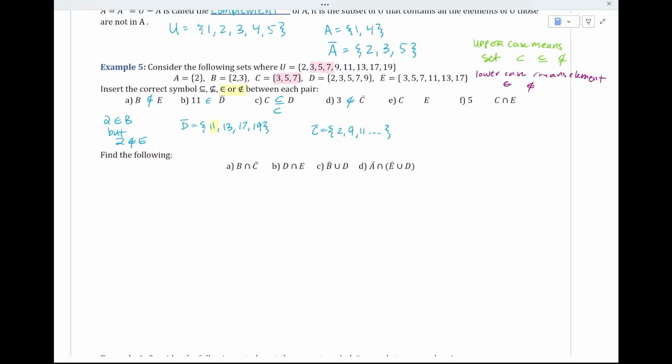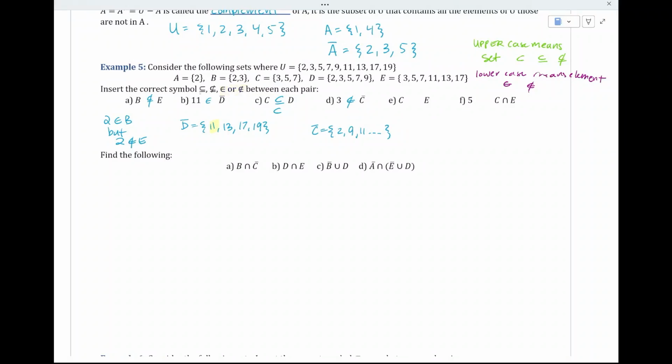So 3 is not an element of C complement. I can see that 3 is an element of C. So if 3 is an element of C, it can't be an element of C complement because C complement doesn't include anything that's in C. So that's 2 different ways to think about that. One way is the way that I did first, which is writing what C complement is. And the other way was looking at, well, it's in C, so it can't be in C complement.